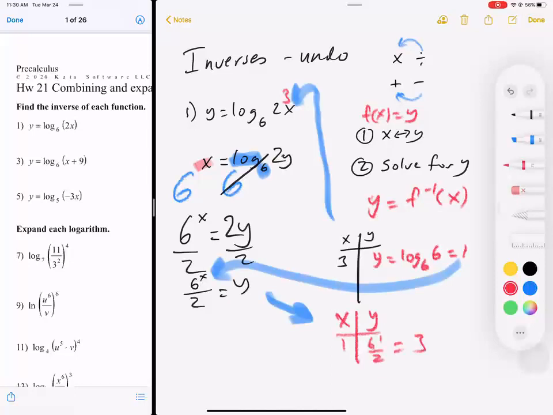So we end up going backwards. So they undo each other. Okay. So these problems can be pretty fast since these log problems are pretty easy, but just to get into practice, you guys solve them for logs.